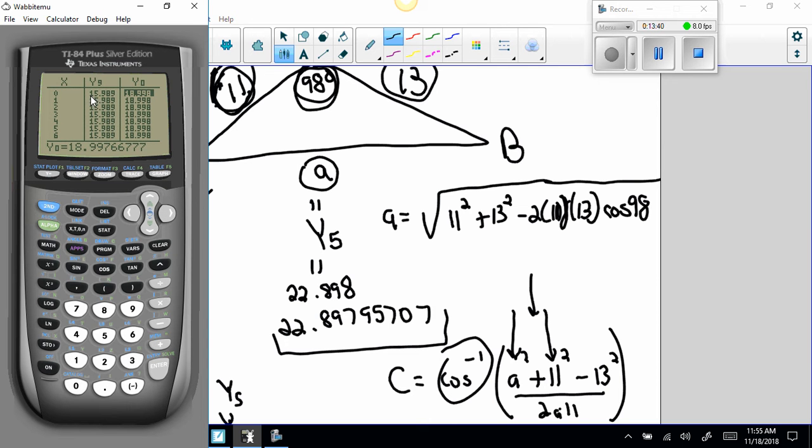Angle A is there we go. Angle B is 15.98. Angle C is 18.998.